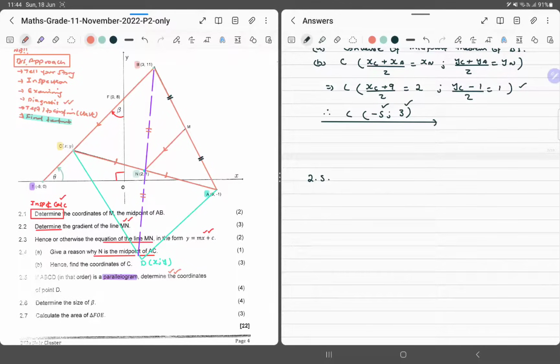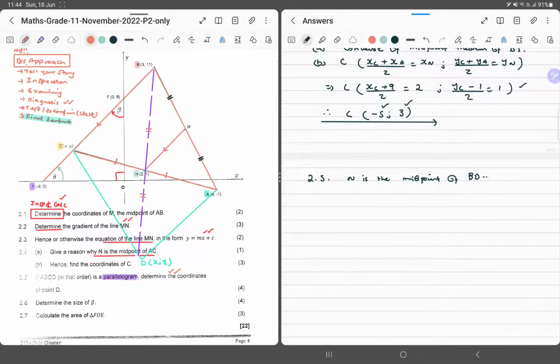We know for a fact that A... Now, we need to start by saying N is the midpoint of BD.